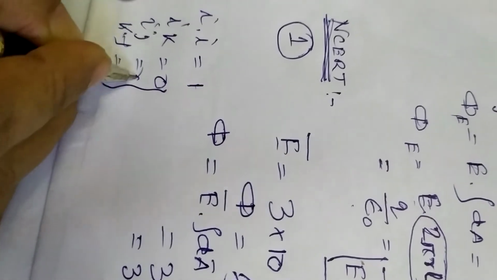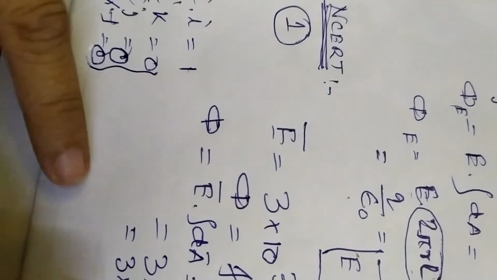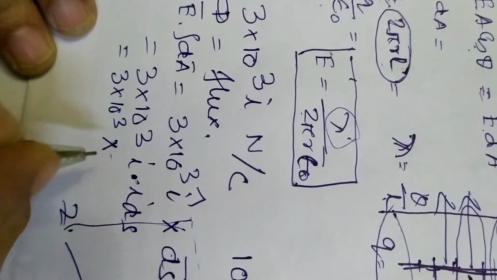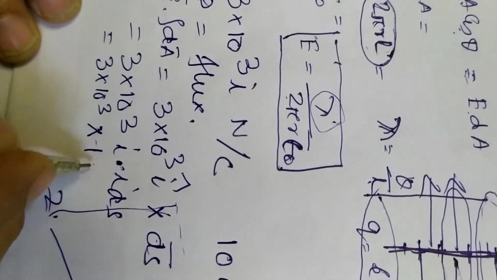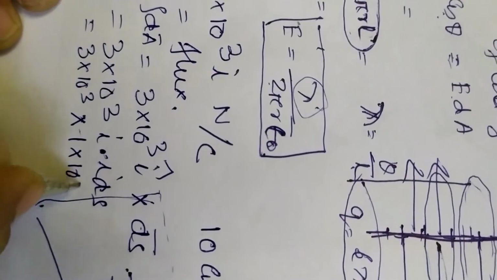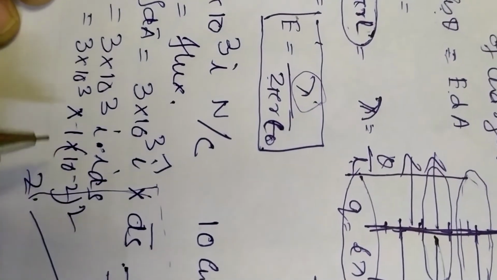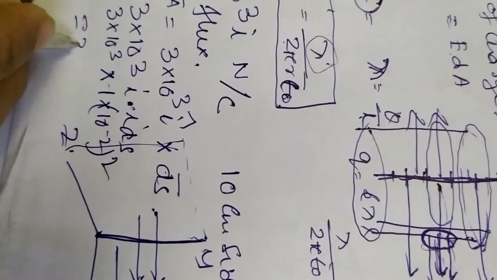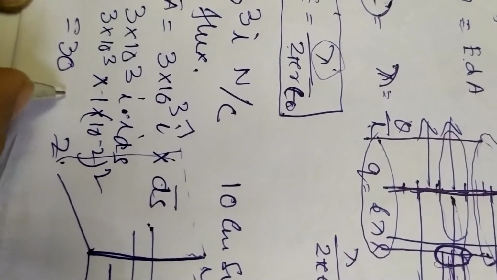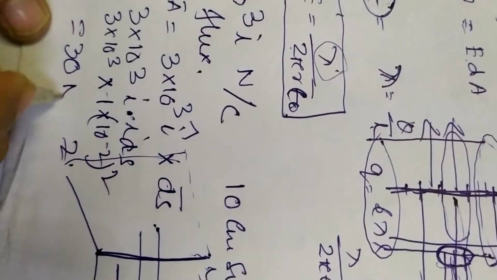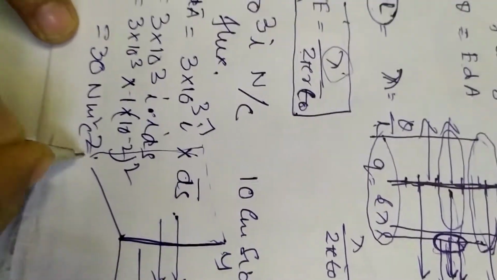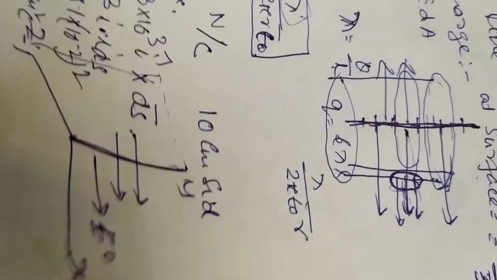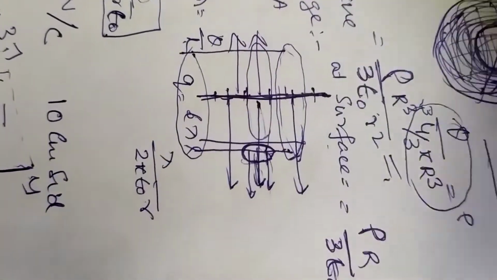In the dot product we are getting it like this. So we'll be writing here 3 into 10 to the power 3, and the value of ds will be 10 squared, so we will be writing 10 to the power minus 2 meter square, and we will get the value as 30 newton meter square per coulomb. This calculation you can do yourselves. So this is one sum we have done. Next, let us do another sum.